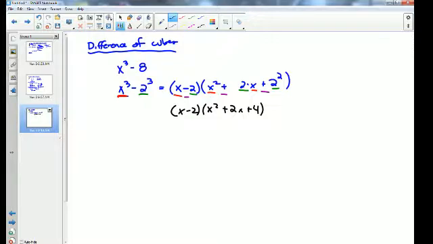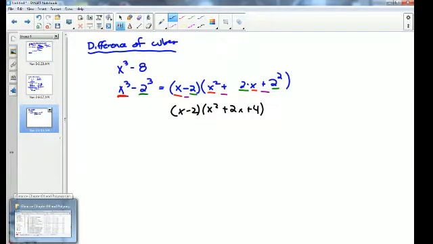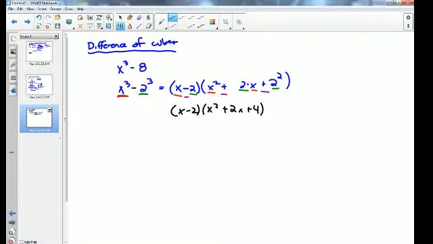You can use synthetic division now to simplify that, if you're looking for zeros. So just use the formula. That's my advice. Write it down and just know how to use it. It does not come up very often, but it is a tool we have in our toolbox.